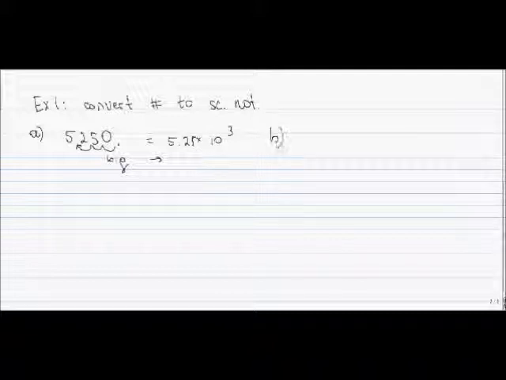Let's do an alternative example, B. We take 0.00065. So in this case, we work on a small number. So the number is small. For a small number, again, notice the point should become between 6 and 5.